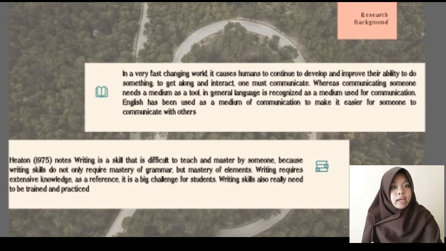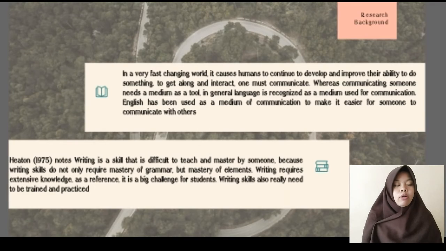When talking about writing, it relates to types of text, for example narrative text, descriptive text, recount text, report text, and so on.